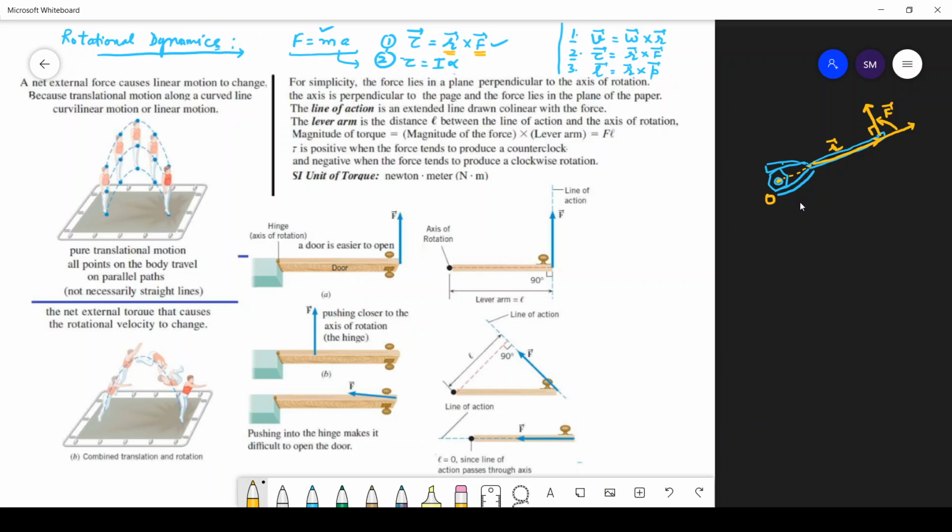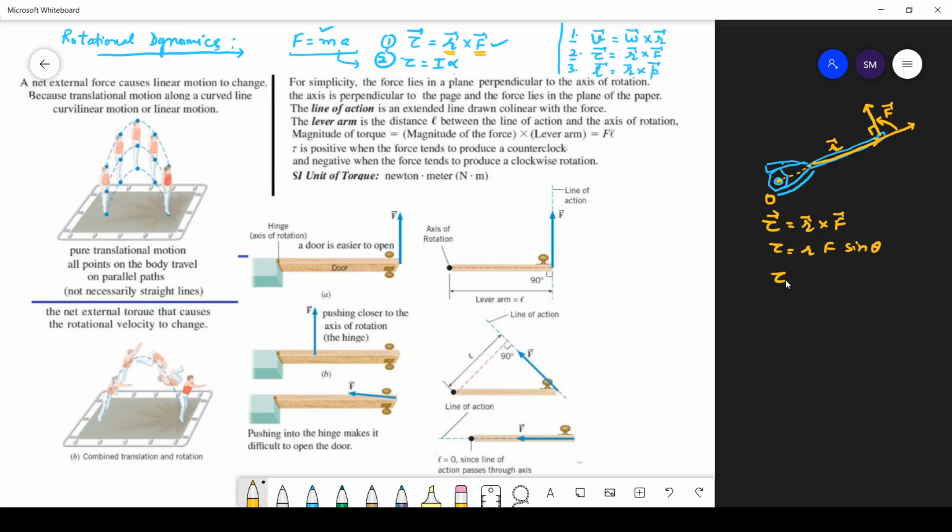Now, the torque equals R cross F, and that equals RF, so that's the magnitude. If I'm writing only the magnitude, this is RF sine theta. I will remove the vector sign, so only magnitude.